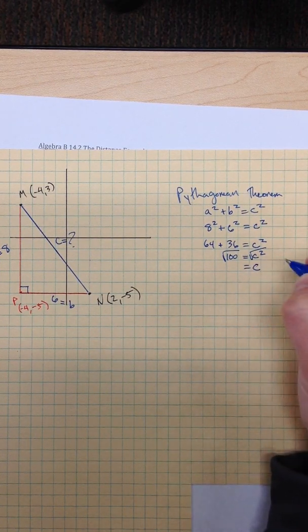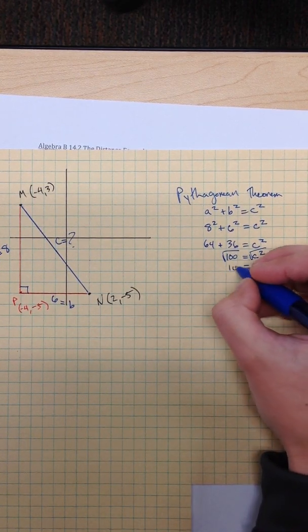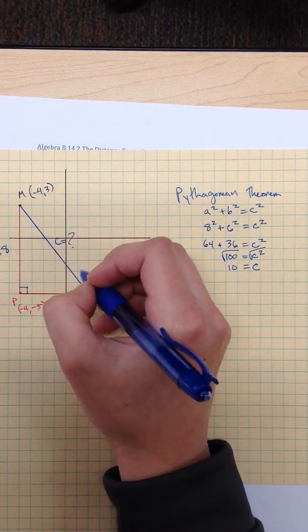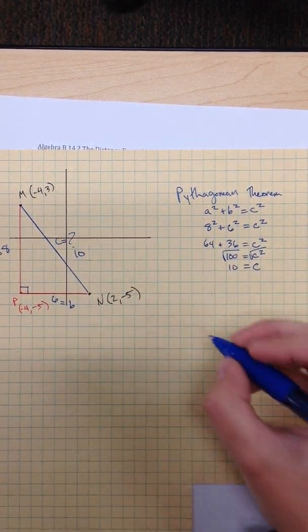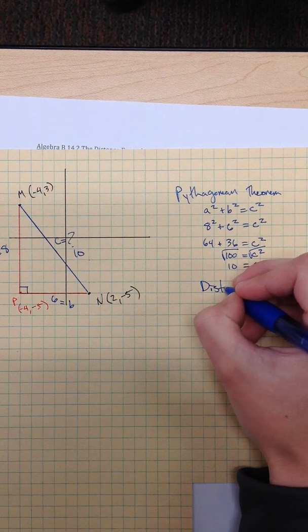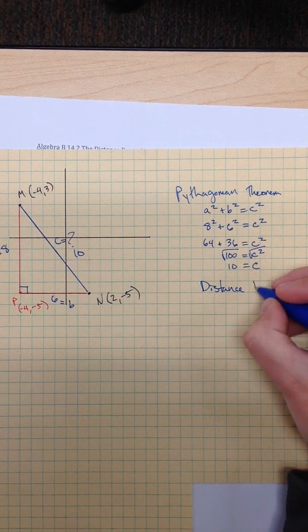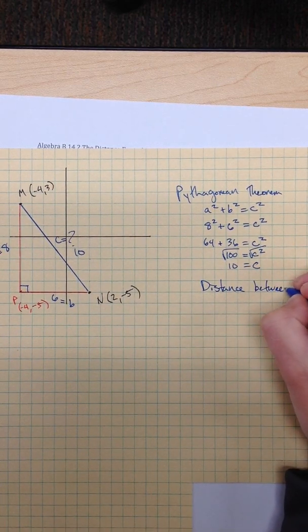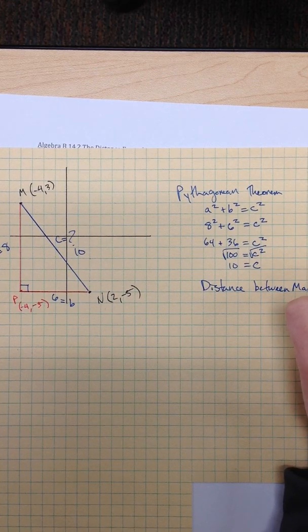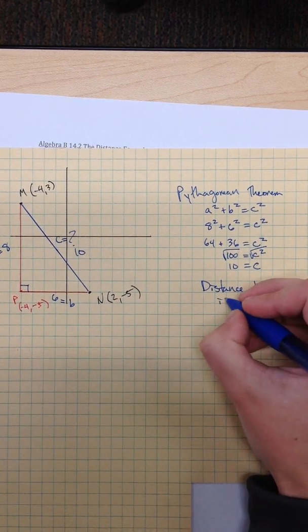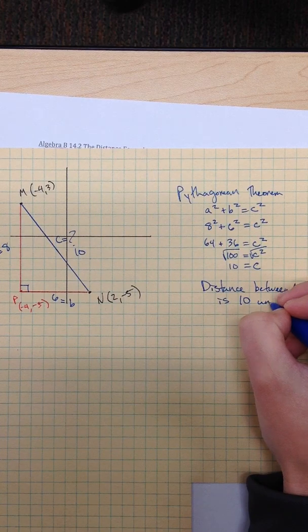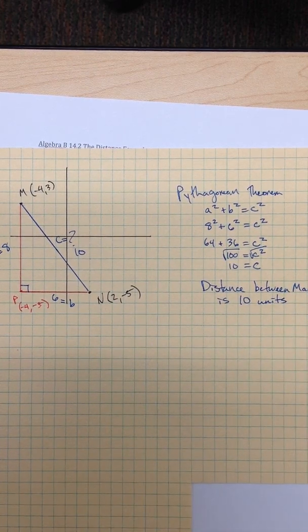I'm left with c, and the square root of 100 is 10. So the length of this side is 10, which tells me that my distance between M and N is 10 units.